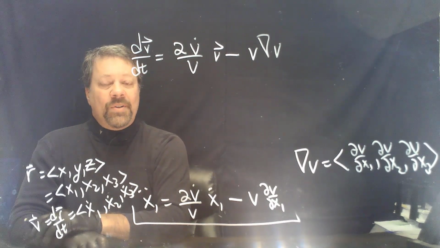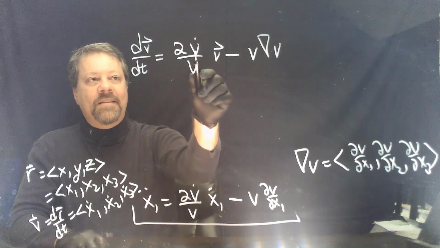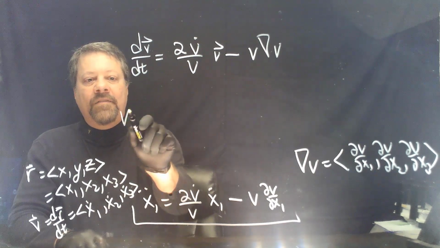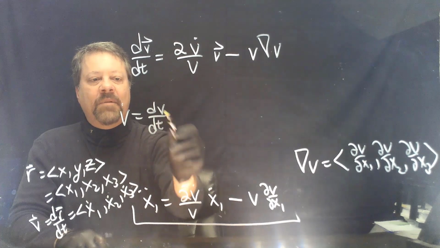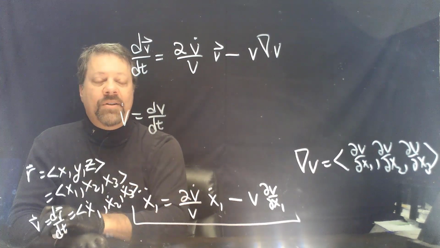We're almost done. The one thing that we need to deal with is this v dot right here. V dot is the time derivative of the speed. But remember, our speed v was some function of position, x, y, and z.